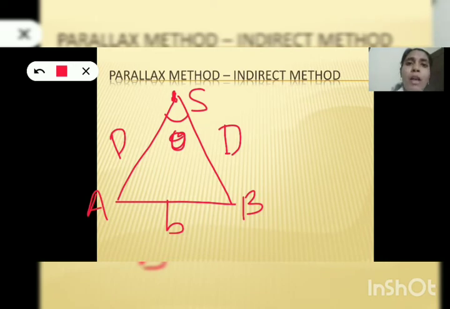Observatories means what? From where do we observe the planets or sun? Okay, that is an observatory.